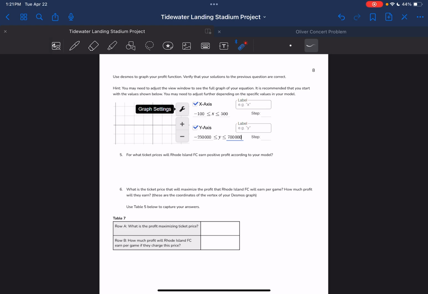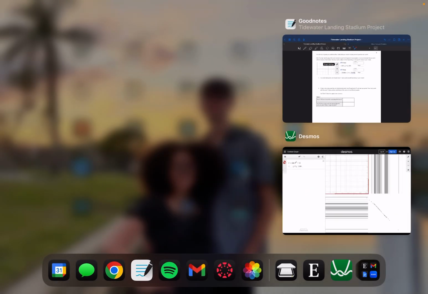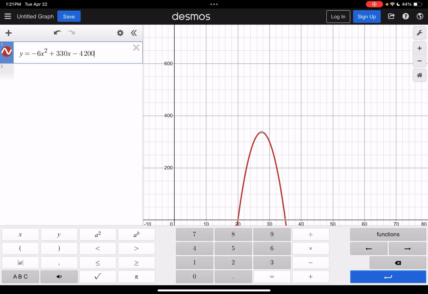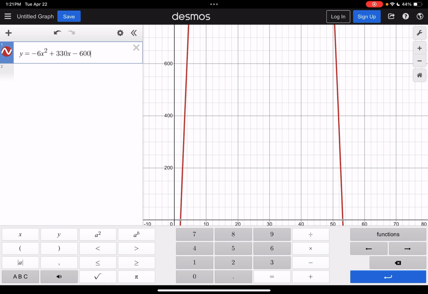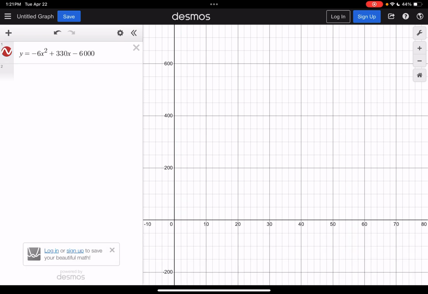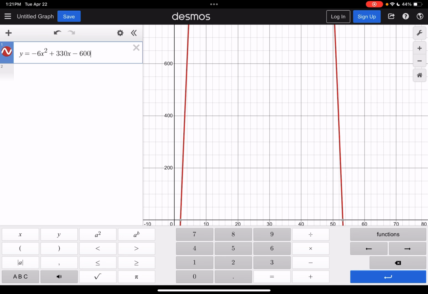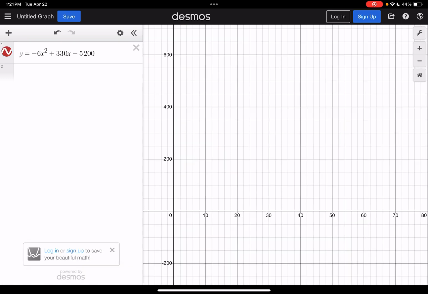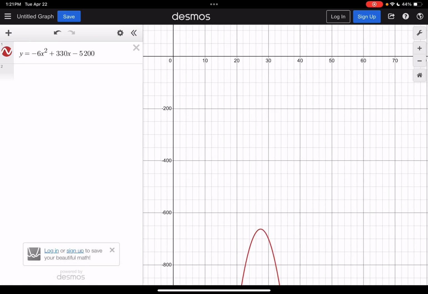That's our goal. One thing that may or may not occur for you, but let's say that you created your profit function and it ended up looking something like this, right?